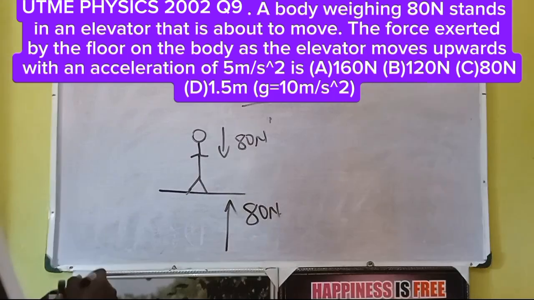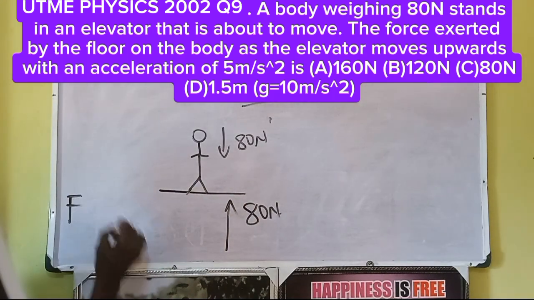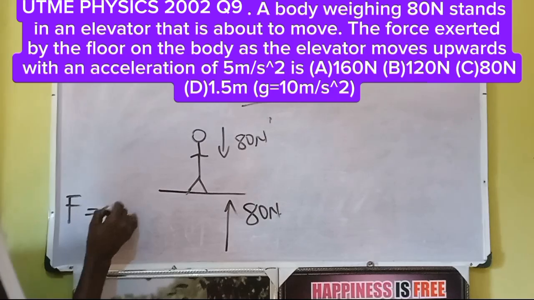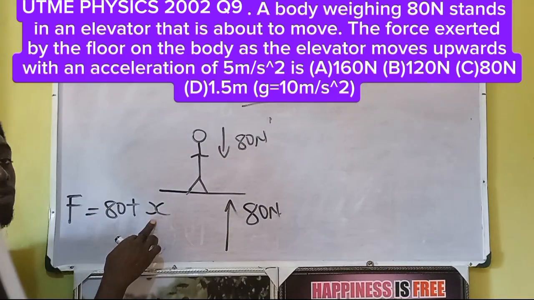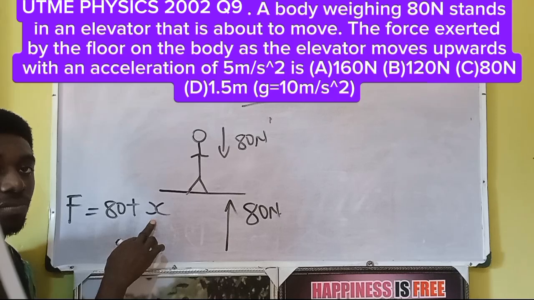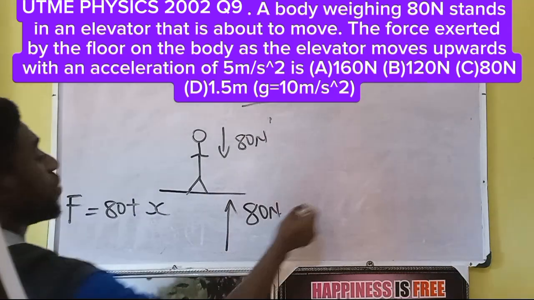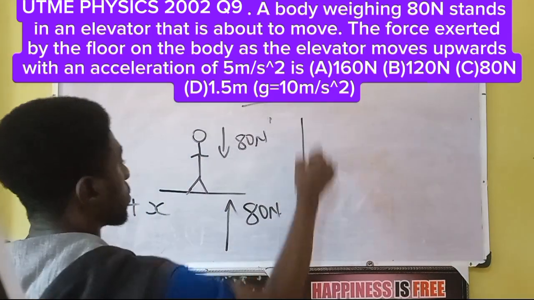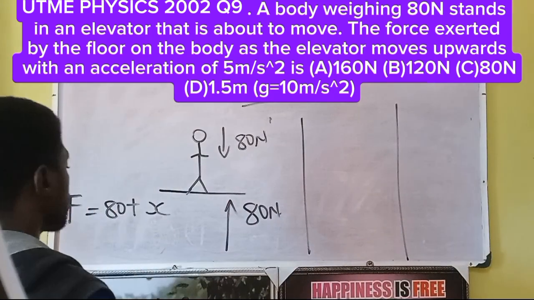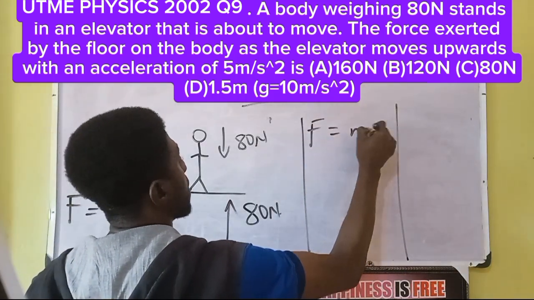Okay, let's see better. So my elevator will move with a certain force. If my elevator must go upward, it must go with a force that is 80 plus unknown. Let me call it X. This is the additional force causing acceleration. So once the elevator provides this force, it can move upward. Okay, let's go back and solve. To get this additional force, recall F is equal to ma.